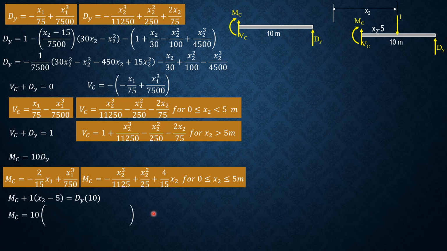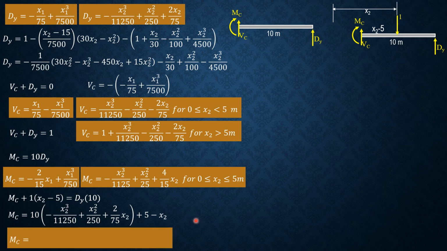So M sub c is 10 times negative x2 cube over 11,250 plus x2 square over 250 plus 2x2 over 75, then plus 5 minus x2 after transposing this to the right. Simplifying, combining like terms, so we have M sub c in terms of x2 for x2 greater than 5 is negative x2 cube over 1125 plus x2 square over 25 minus 11 over 15 x2 plus 5 for x2 greater than or equal to 5.